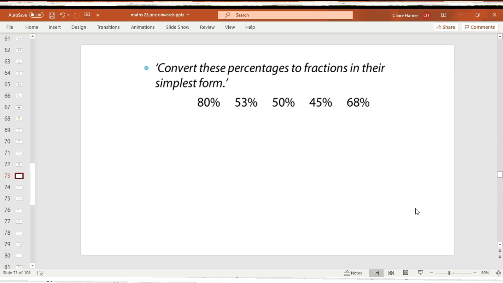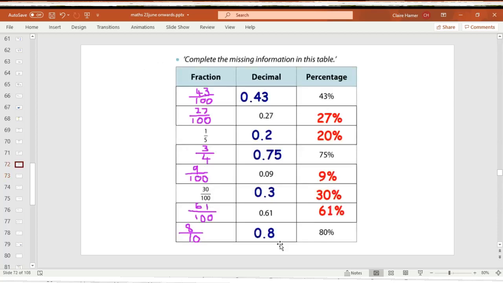Simplest form. So, for example, when I was talking before and I said I'd written down 0.8 as 8 tenths, and I said you could also put 4/5, 4/5 is the simplest form because you cannot divide any further. 4/5, that's the end of the fraction equivalent train.